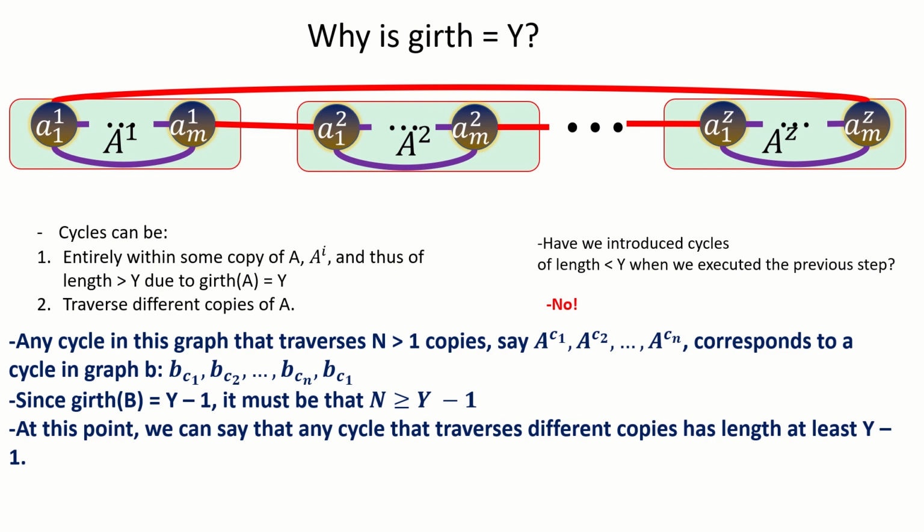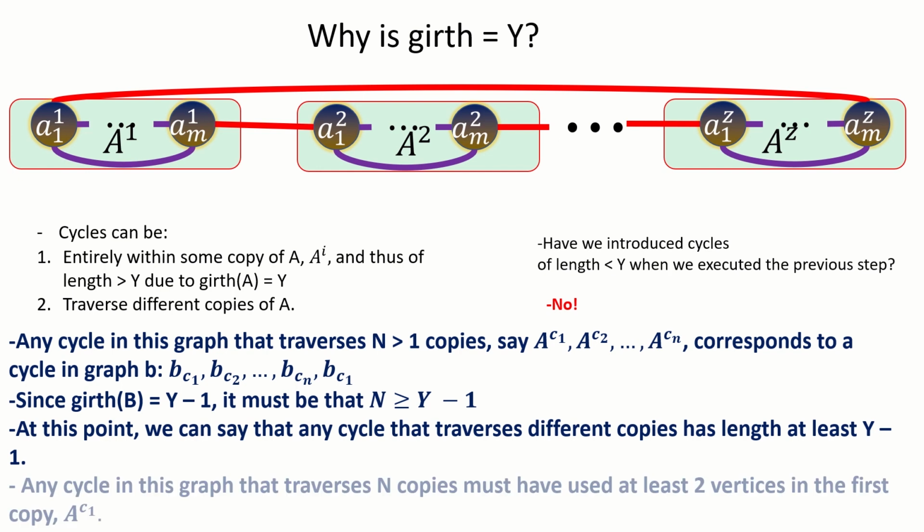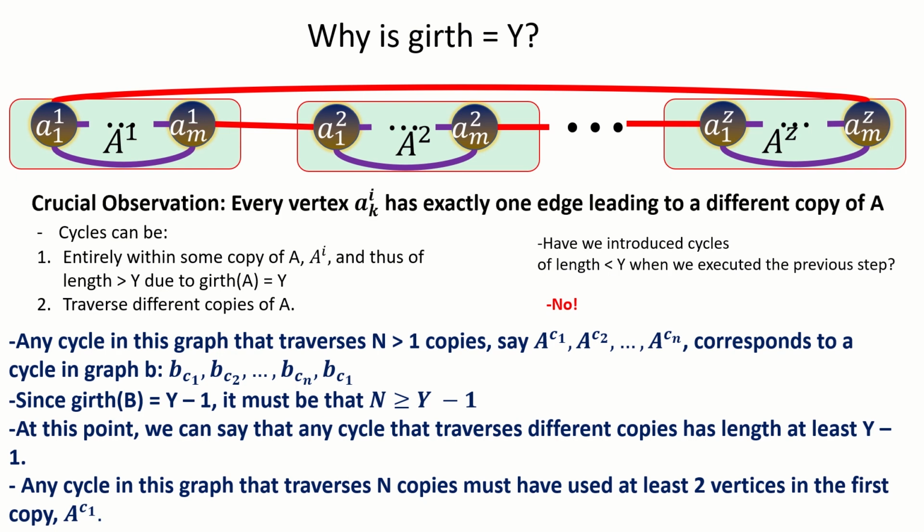And from here, it's straightforward that the length will be greater than y minus 1. To see why, notice that the way we built our graph guarantees that every vertex has exactly one intercopy edge. This fact implies that for a cycle that traverses n copies, in at least one of those copies, we must have visited more than one vertex.